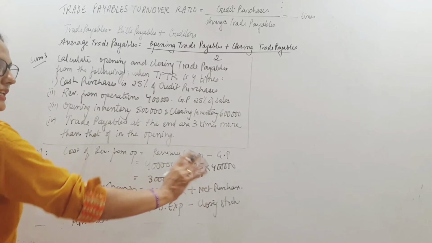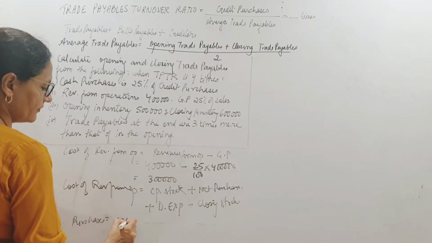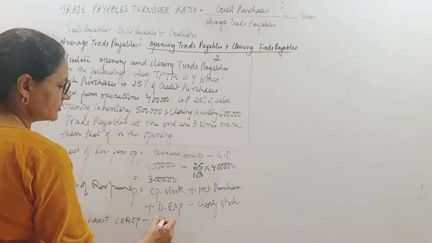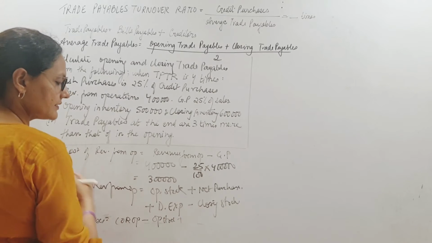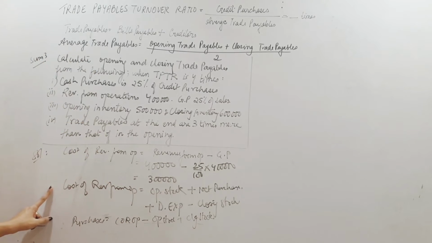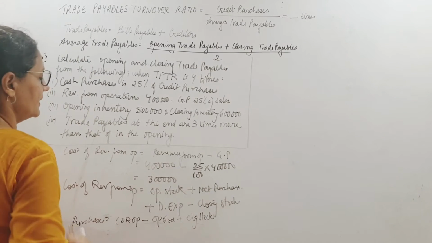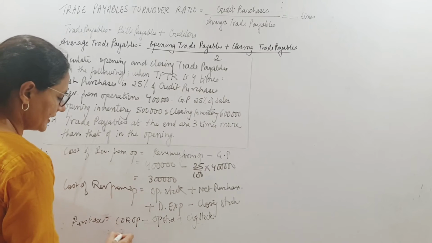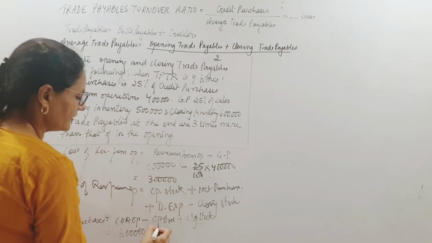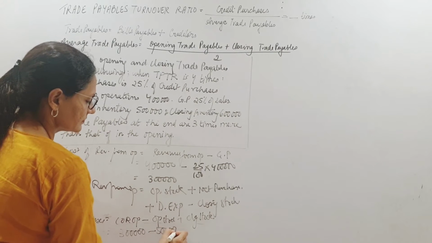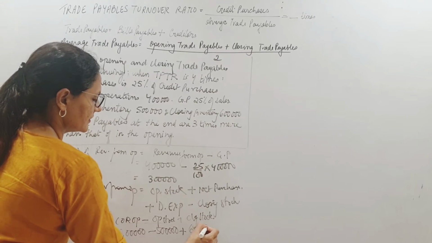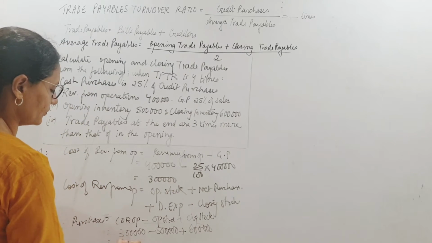Purchases is equal to cost of revenue from operation minus opening stock plus closing stock. Correct? Direct expense uda do. Then this one is 3 lakhs minus opening stock is 5 lakhs and plus closing stock is 6 lakhs. Therefore 8 lakh ban gaya. So this is 4 lakhs.